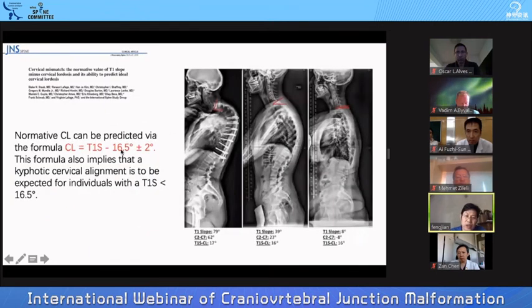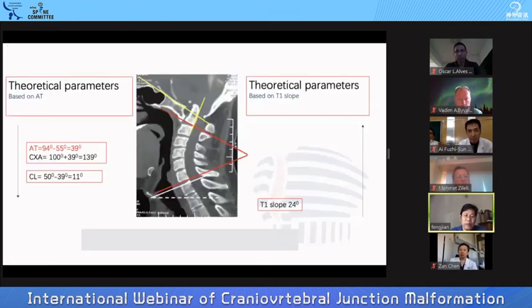In a recent study, they further indicated that cervical lordosis equals T1 slope minus about 16.5 degrees. This formula implies that kyphotic cervical alignment is to be expected for individuals with a T1 slope less than 16.5.